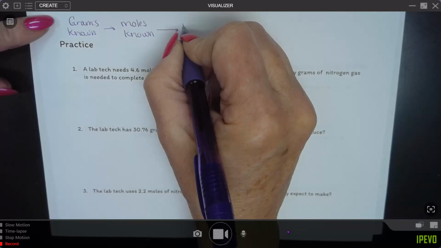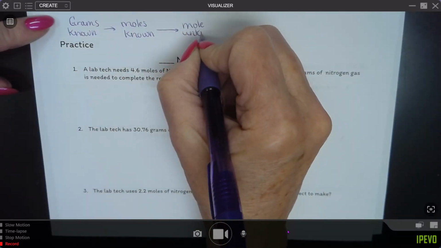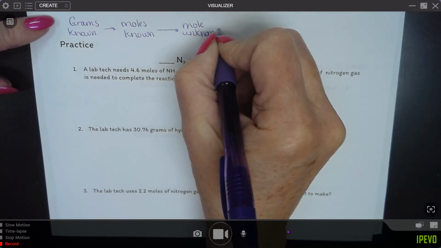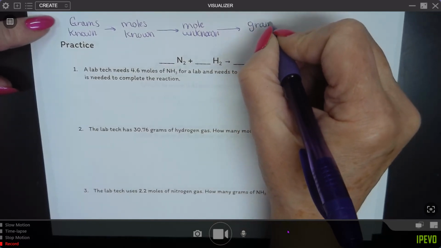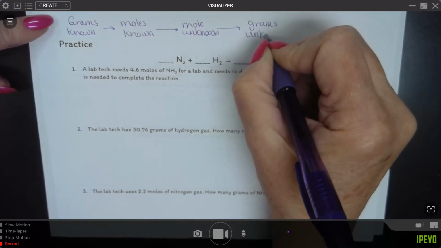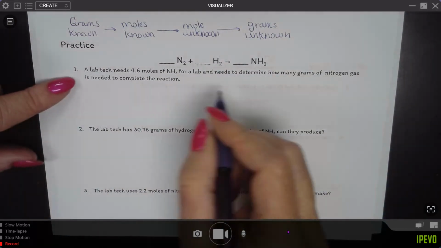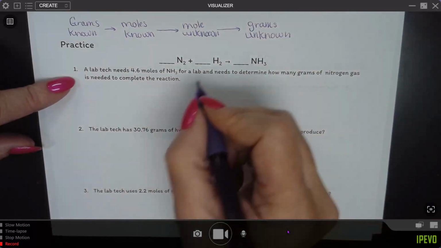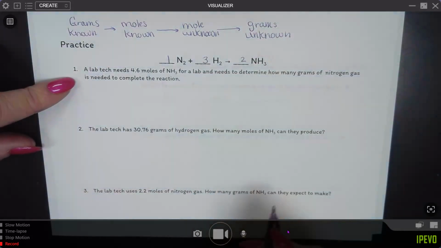Then we can convert to moles of unknown. So that's what we're looking for. We use the mole ratio for that. And then finally, we can go from moles to grams of our unknown using the molar mass again of the other compound. Okay? Always going to have to balance our equations first. So I'm going to do a 3 and a 2.